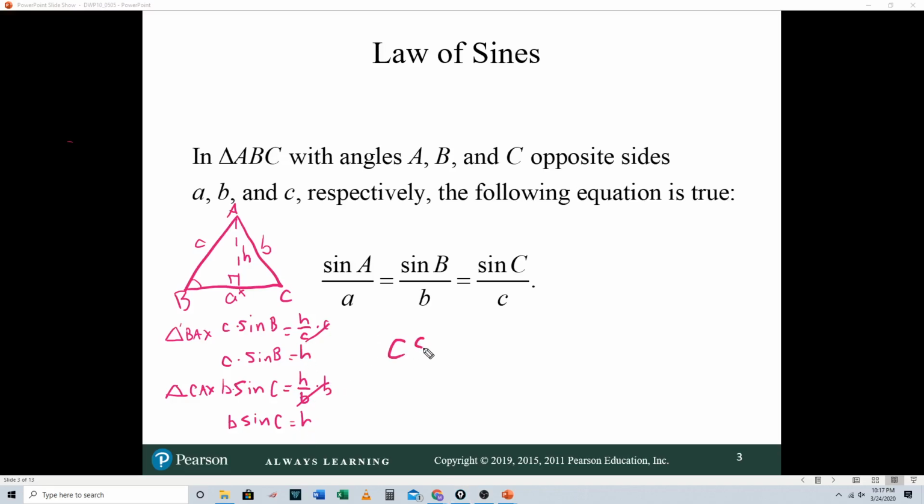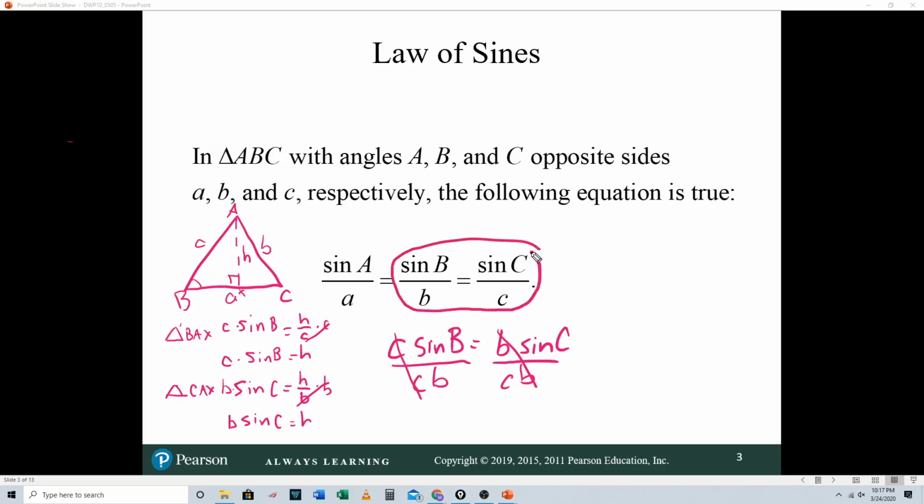So c sine of B is equal to b sine of C. From here, we divide by c and b, so that cancels and that cancels, and we're left with sine of B over b equals sine of C over c.